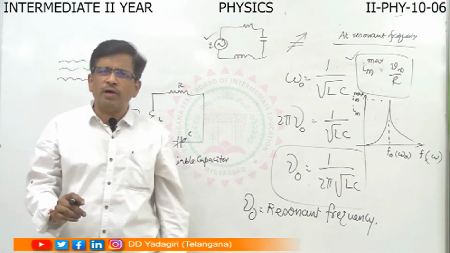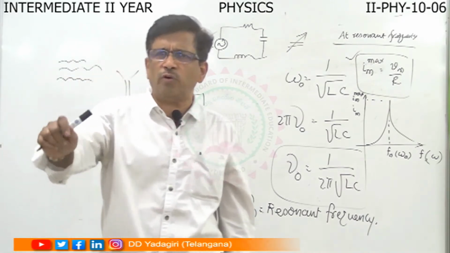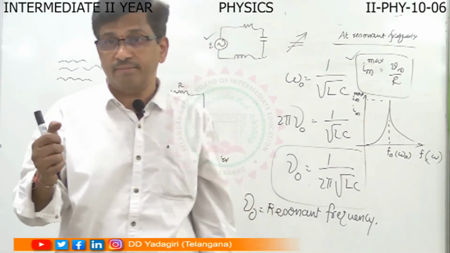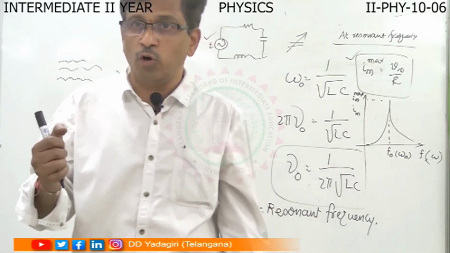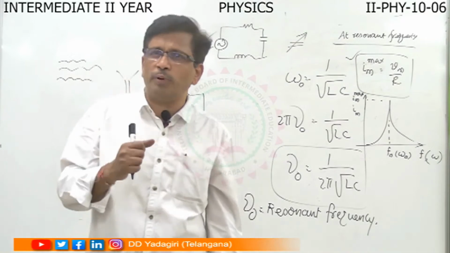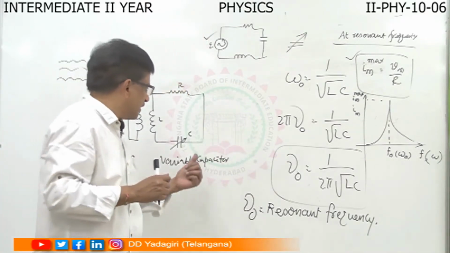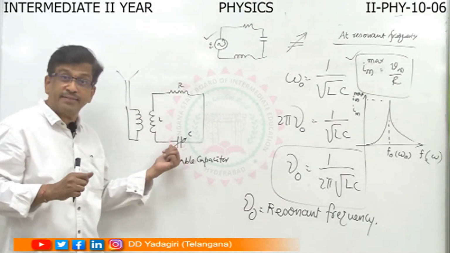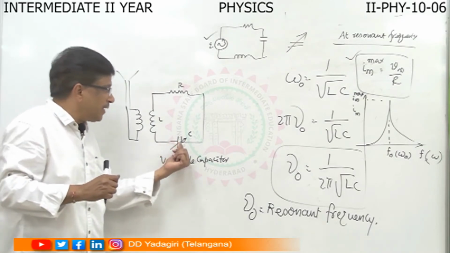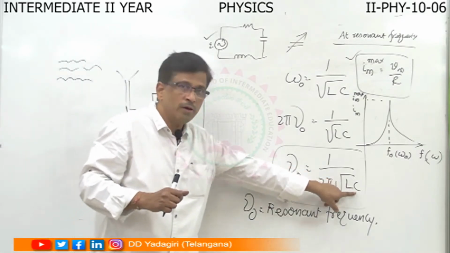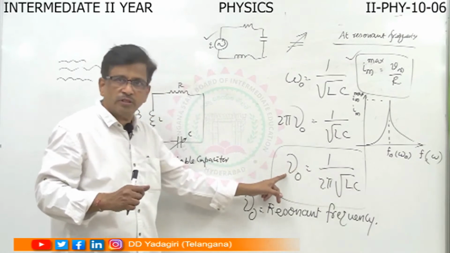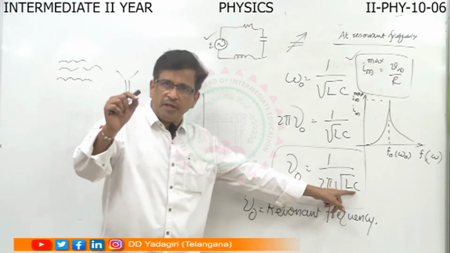So in our TV, when we change the channels, we rotate a button or we press the remote button. When you press the remote button, actually you are changing the capacity. As you change the capacity, you will get a particular frequency. Suppose ETV is there.